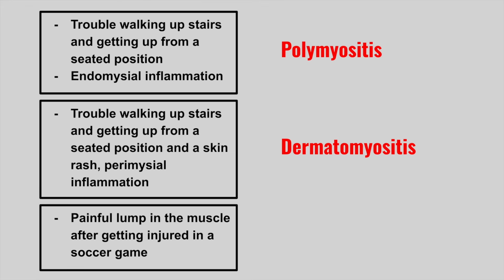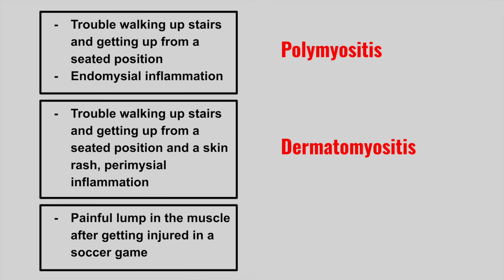Next, we have a patient who has trouble walking up the stairs and getting up from a seated position, and there's endomysial inflammation. So this is polymyositis. Next, we have a patient who has trouble walking upstairs and getting up from a seated position, and they also have a skin rash now, and there's perimysial inflammation. So this is dermatomyositis, and remember, these two conditions have a high CK level.